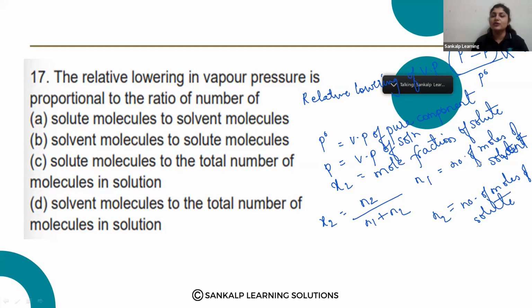So X2 is the mole fraction, calculated as the number of moles of solute divided by the total number of moles of solvent and solute in the solution.